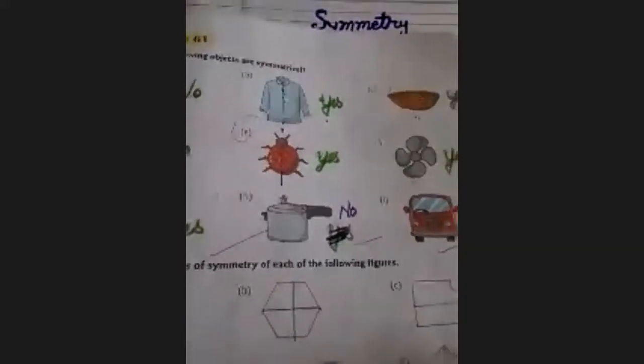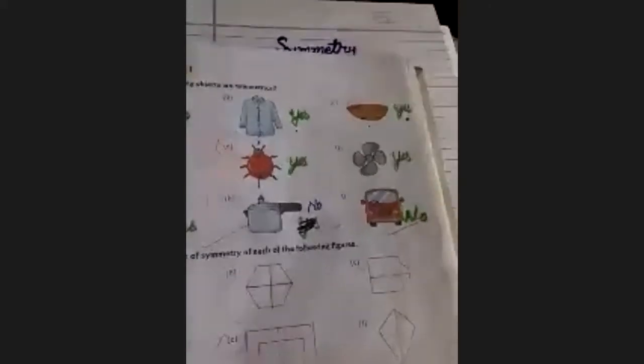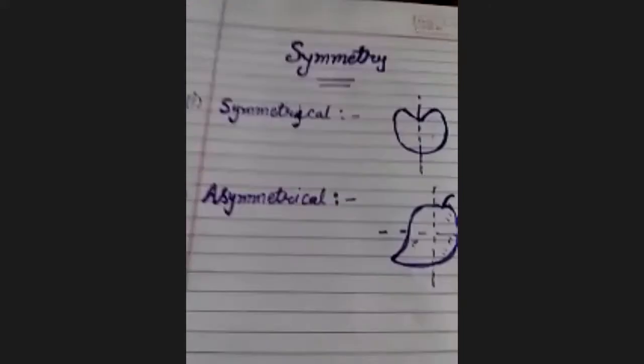On your books. Dear students, now second question. In the second question, draw all possible lines of symmetry of each of the following figures. In the second question, we have a few figures.